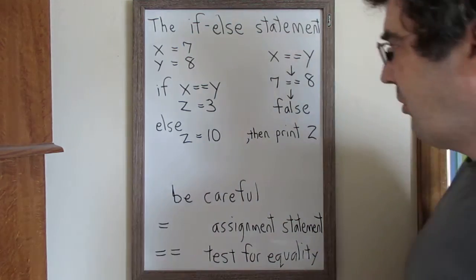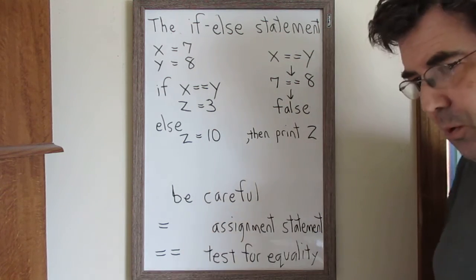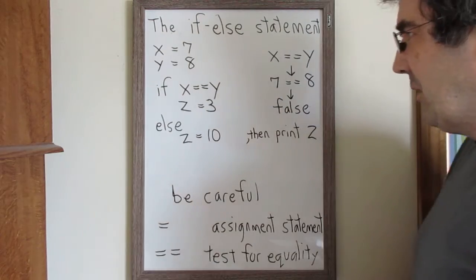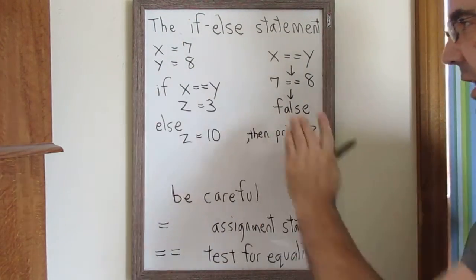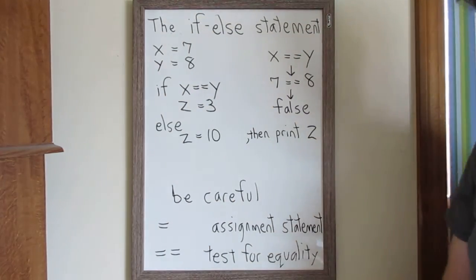Beginner level programmers always make that mistake, confusing the two, and that's one of the first bugs you'll have to fix in your code. More about that later. Okay, so x equals 7 and y equal 8 in preparation for showing you the if-else statement.